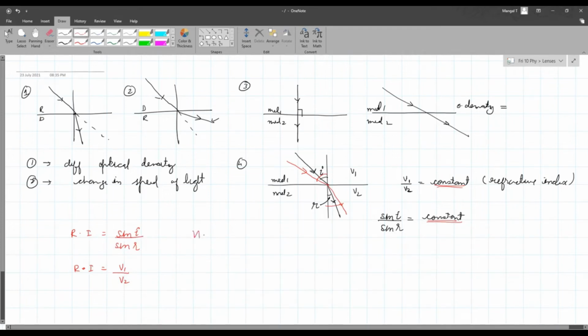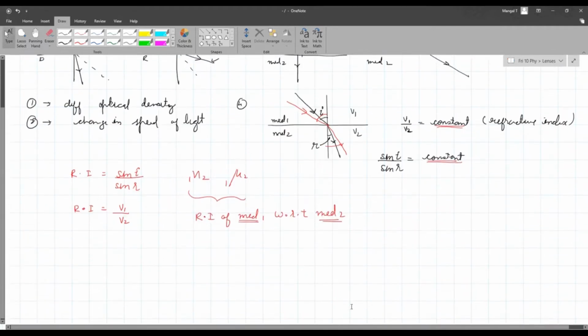Now, how do we write it? We write it like this. You can either use the letter n or the letter mu. How do we read this? We read this as refractive index of medium 2 with respect to medium 1. So sin i upon sin r is written as n21 or mu21, that is the refractive index of medium 2 with respect to medium 1.